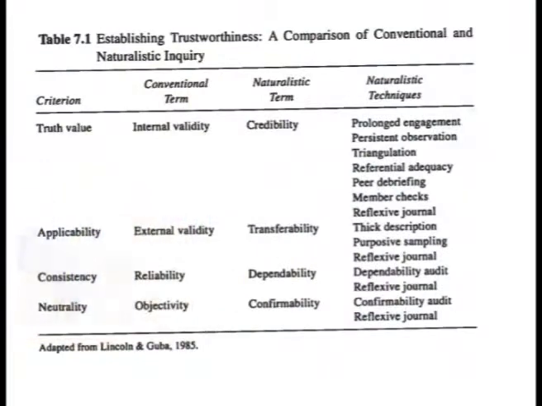And basically, if you look here, where you end up with things like internal validity, these are the mechanisms that you would use in a naturalistic inquiry sort of study, and reliability here, right here.